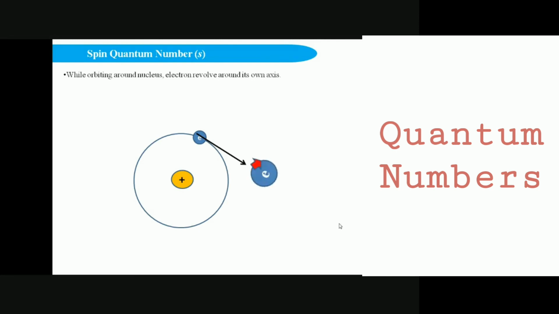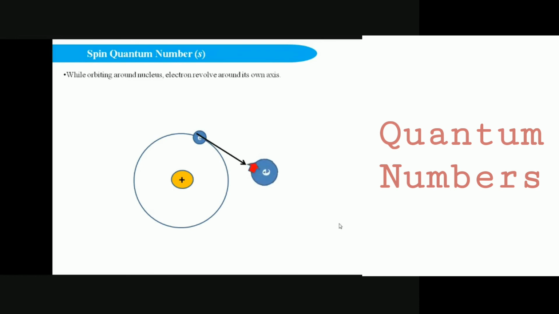This is a basic parameter of the electron. We can relate this to our solar system. Like when the Earth is moving around the sun, it is also spinning around its own axis.